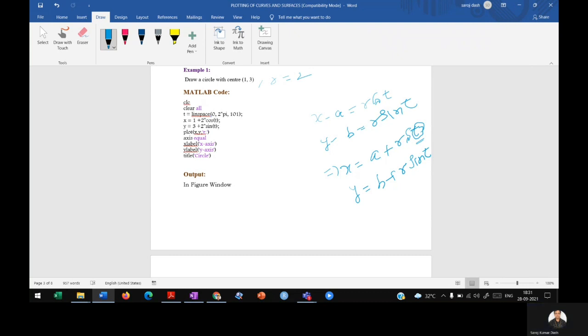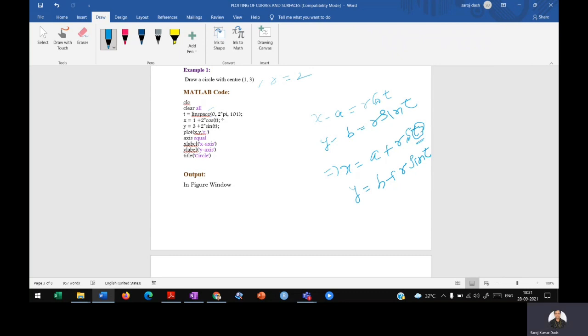Correct now? To generate the points or set of values, we use many techniques. In that, one command is called linspace. This command is used to generate a set of points between 0 to 2 pi.